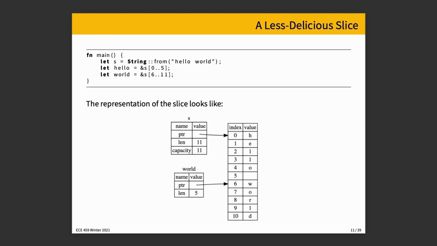So you have something that looks like this. We declare a string, let s equal String::from hello world, and then we create two slices, hello and world, and they are the subsets of the string 0 to 5 and 6 to 11, respectively.